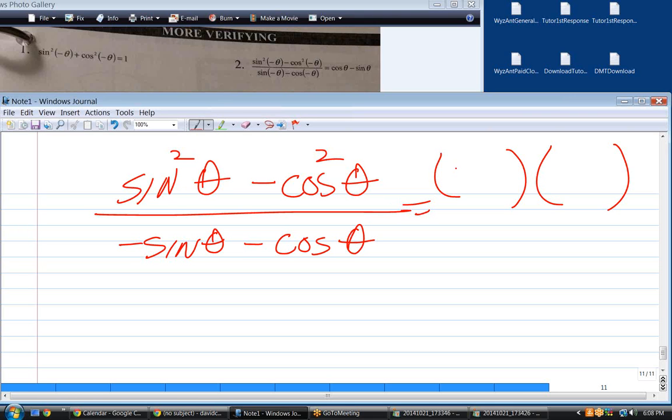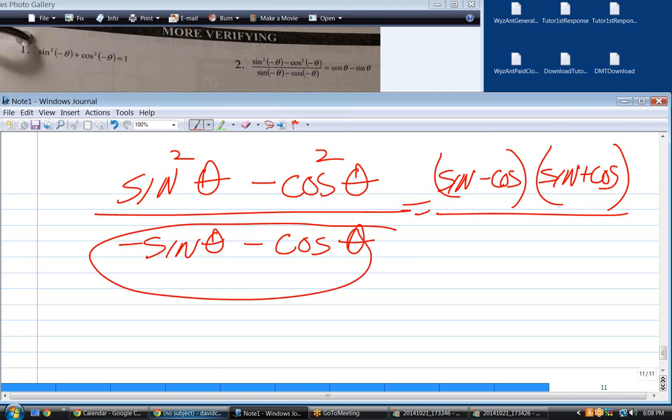Difference of perfect squares. Sine plus cosine, and then sine minus cosine. How do we get one of those things out of that?